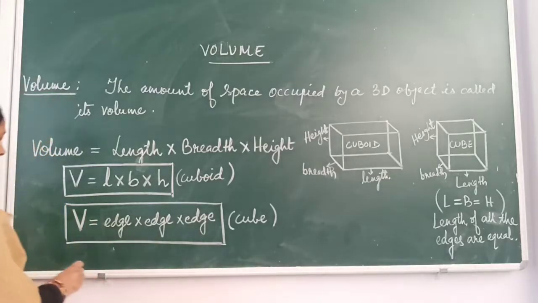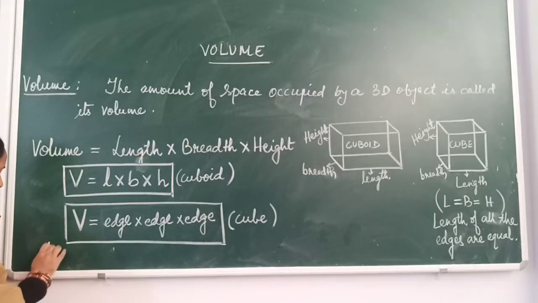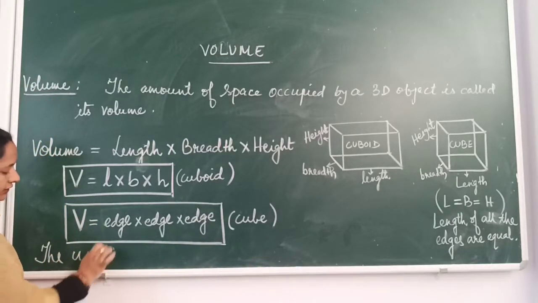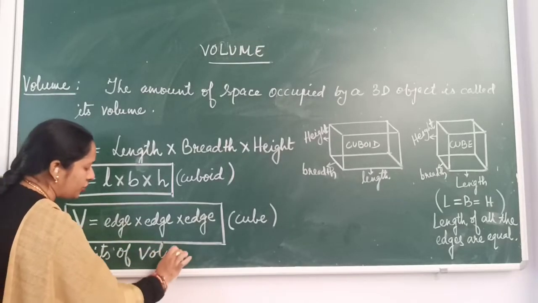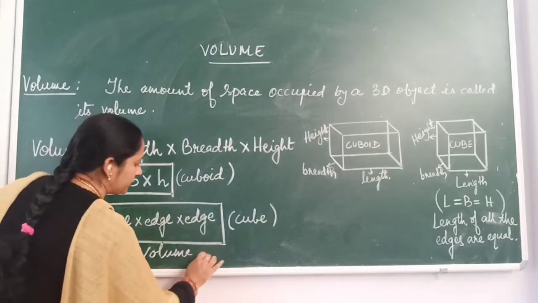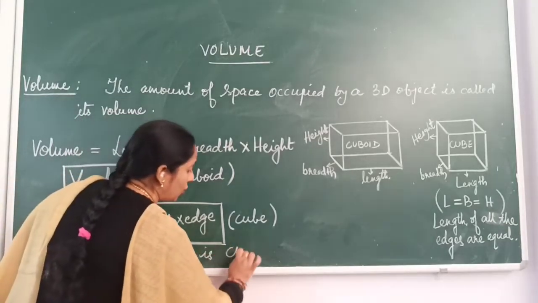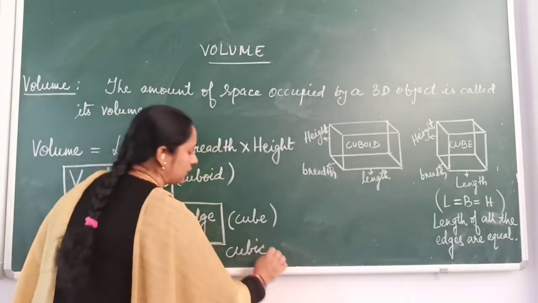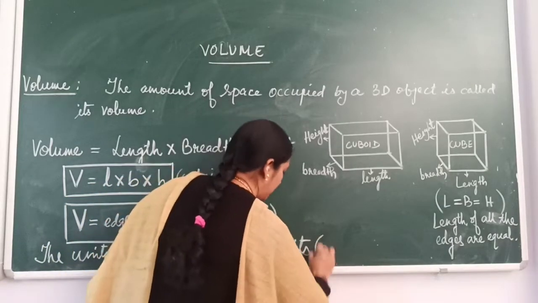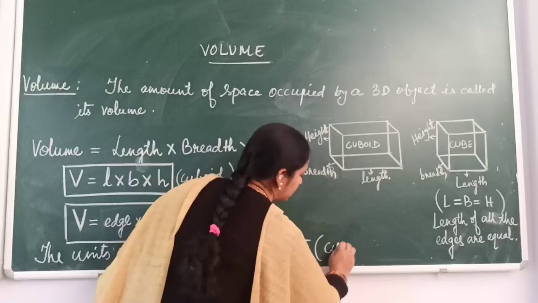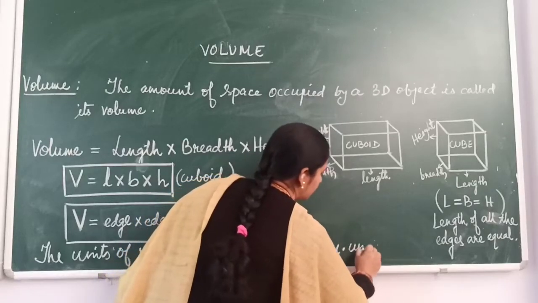So overall, what is the unit of volume? The unit of volume is cubic units. In short, you can write it as cu. units.